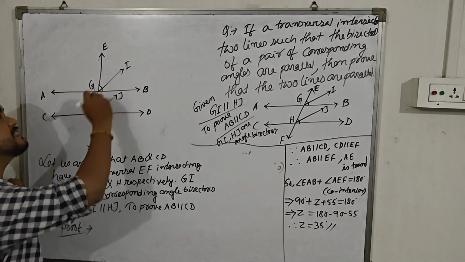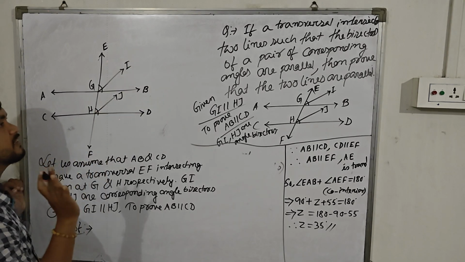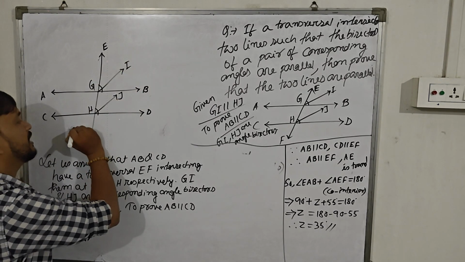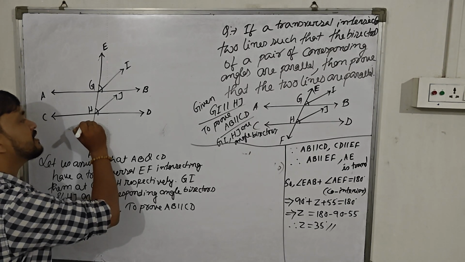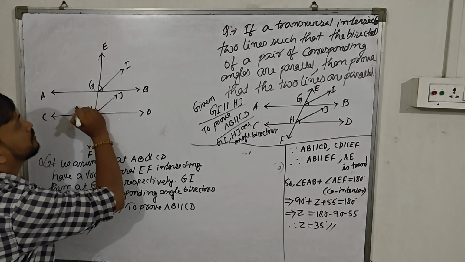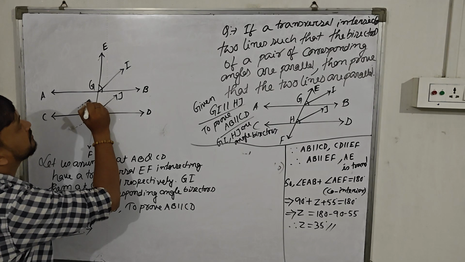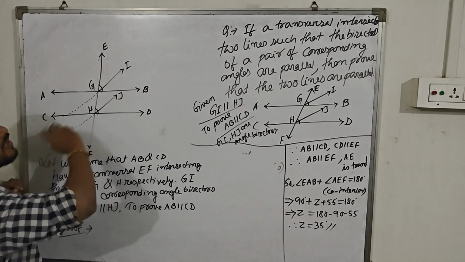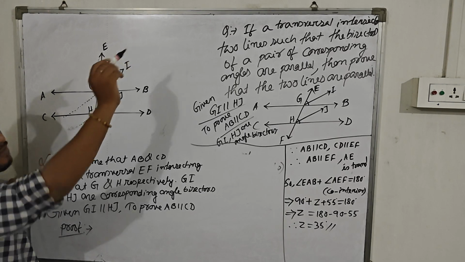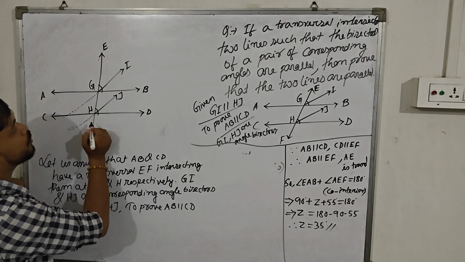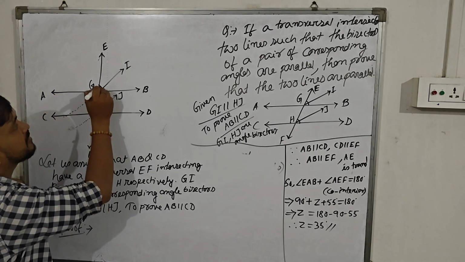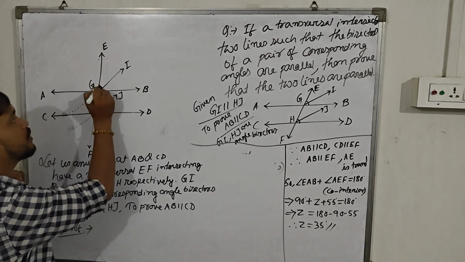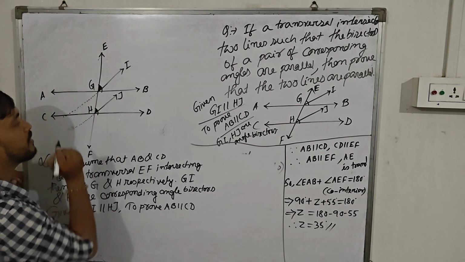See, these are two parallel lines. These two lines are parallel. So if I extend them like this with some dotted line, try to figure it out with your imagination. These two lines are parallel. So what I can say, this angle and this angle will be equal. Why are they equal? Corresponding.